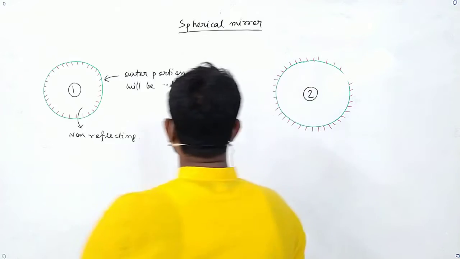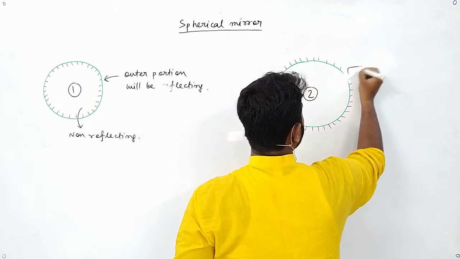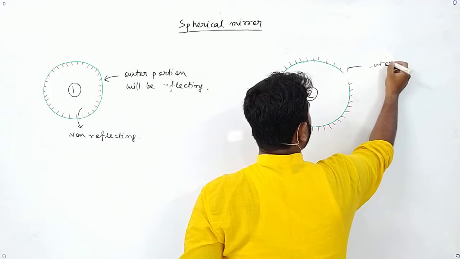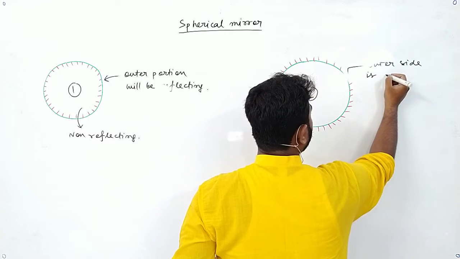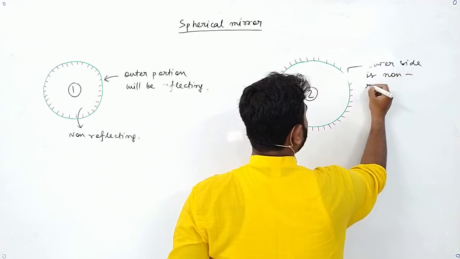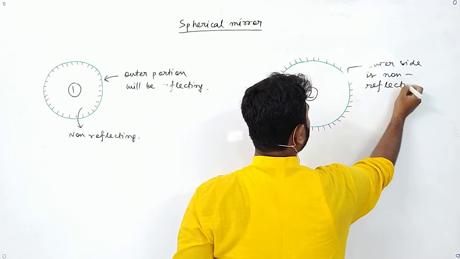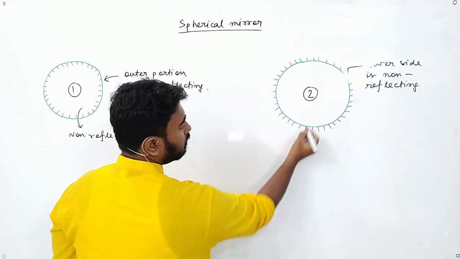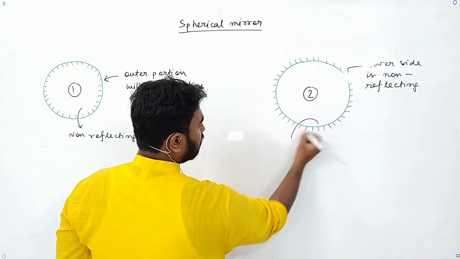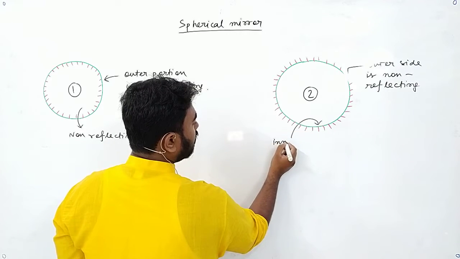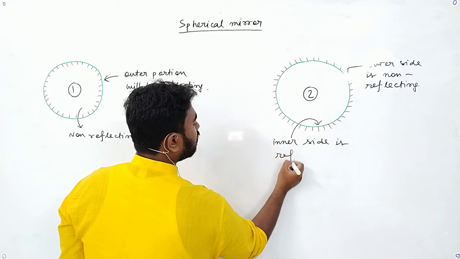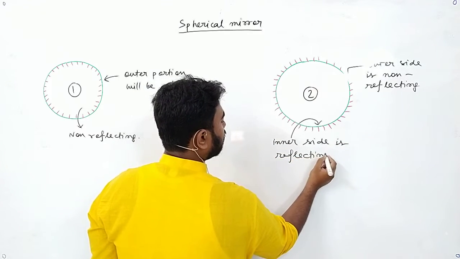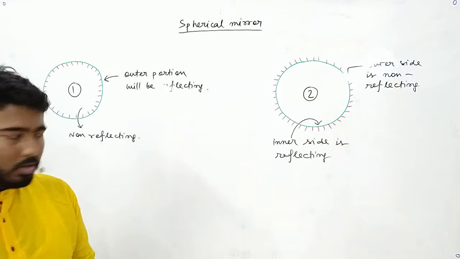Okay, so in this case the outer side is non-reflecting, whereas the inner side is reflecting. Got that?